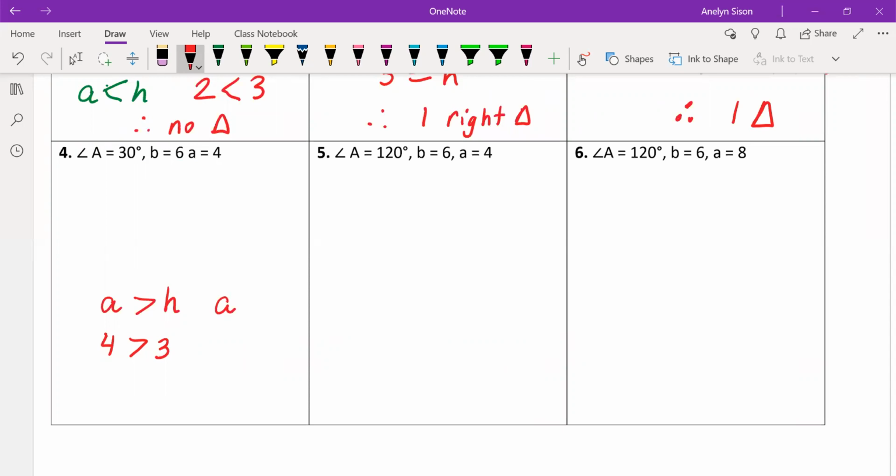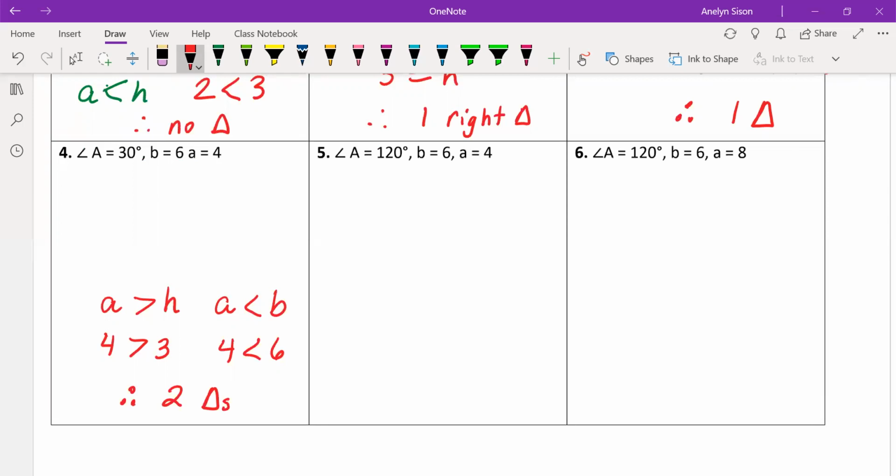So A is less than the B. So how many triangles are possible? Therefore, here we have 2 triangles because we can position it to the right of the height and we can also position it to the left of the height because it's not going to go past the 6 side length.